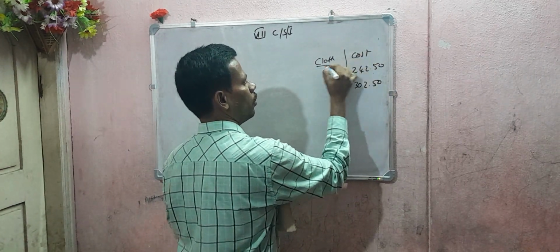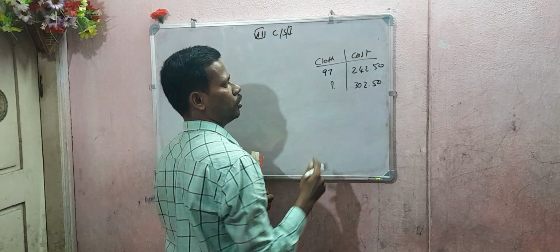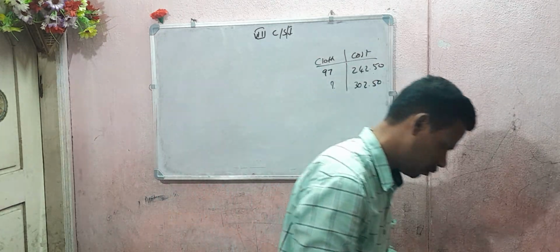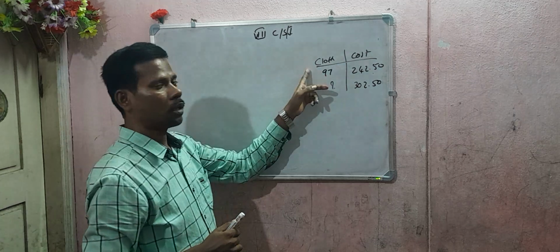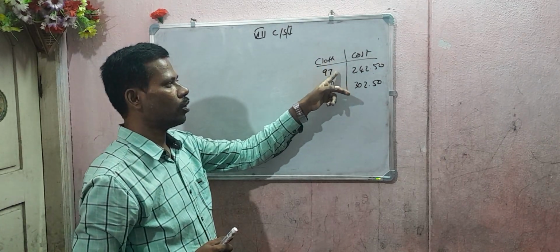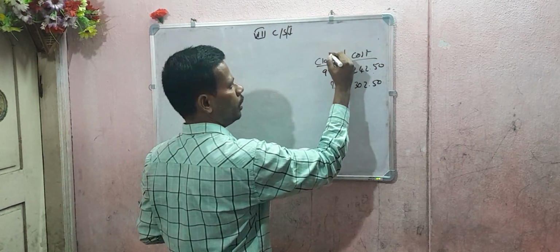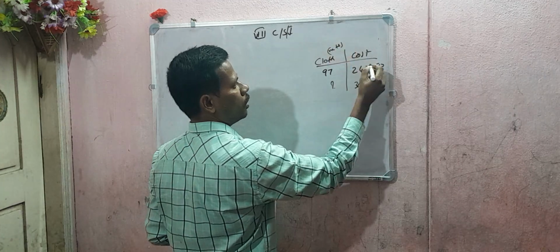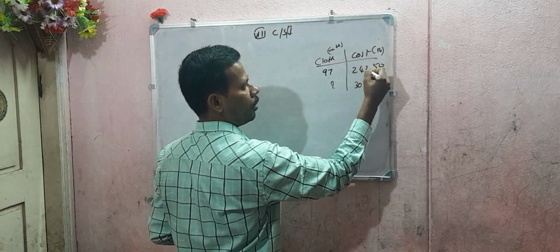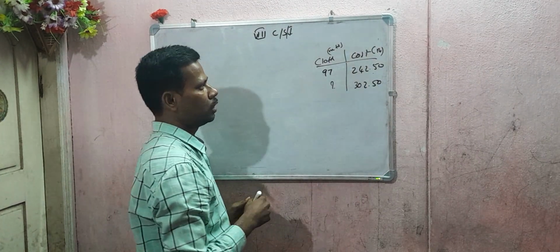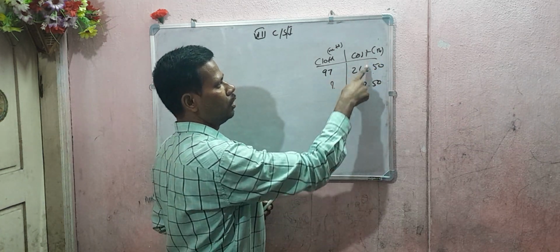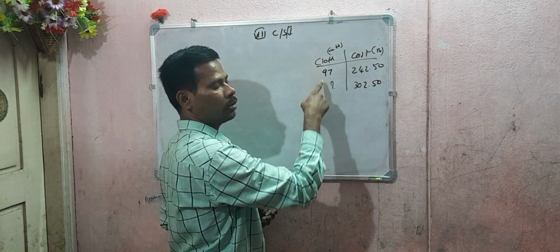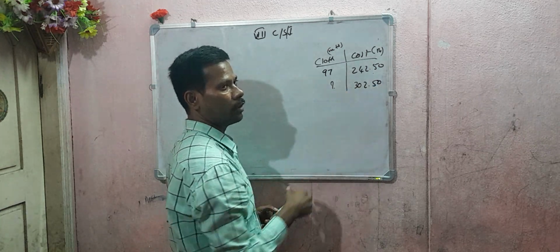Just write this in the corner. Question mark. Once again I will read out. The cost of 97 meters of cloth is 242.50, in decimals. Don't panic, they have just given it in decimal form. Now, what length of the cloth can be purchased for 302.50?